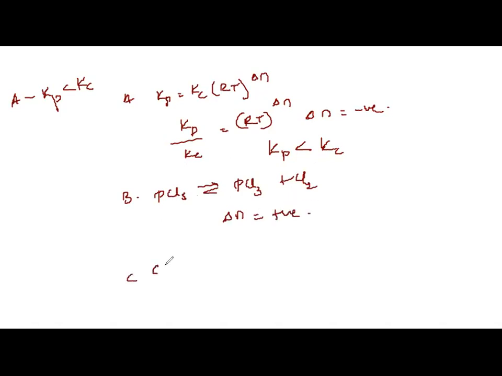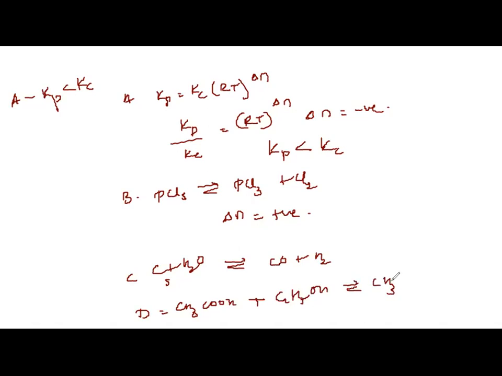Third option is C plus H2O gives CO plus H2. This is solid. And D option, I will write it here only. Then we'll discuss CH3COOH plus C2H5OH gives CH3COOC2H5 plus H2O.